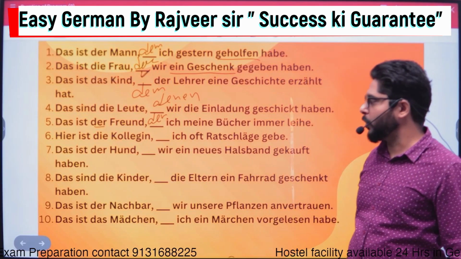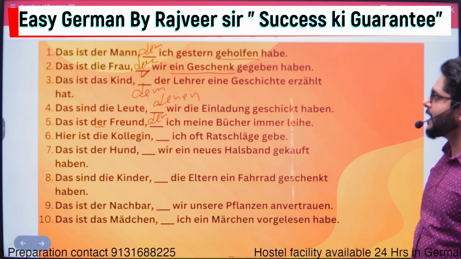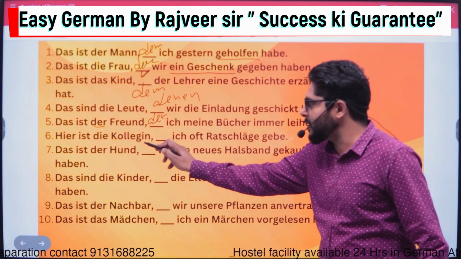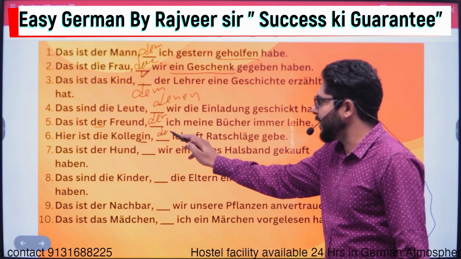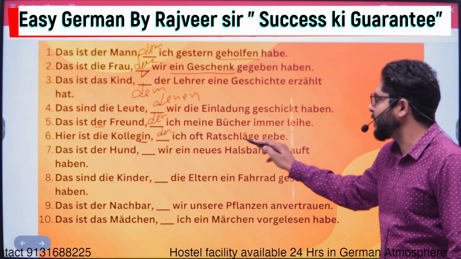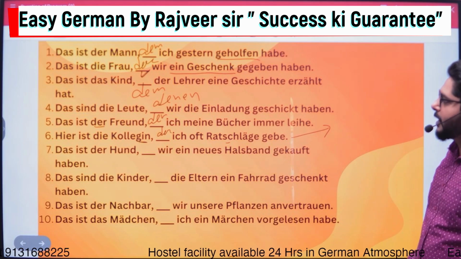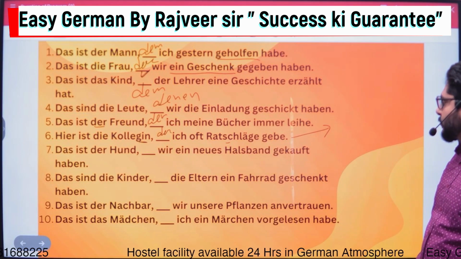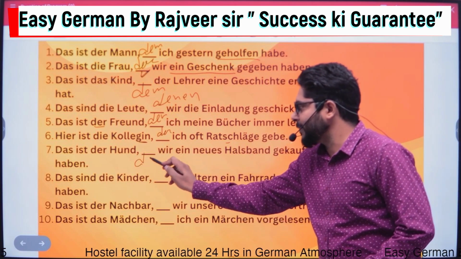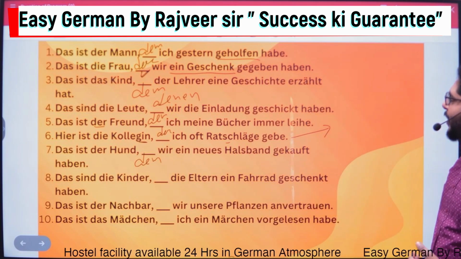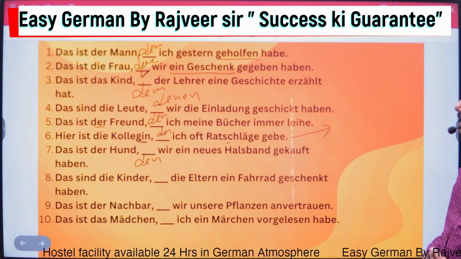Leihen means to borrow. Next one, here is die Kollegin, feminine, Kollegin. So das ist die Kollegin, der ich oft Ratschläge gebe. So this is also dative. Next one, das ist der Hund, dem, because masculine. So dem wir ein neues Halsband gekauft haben.